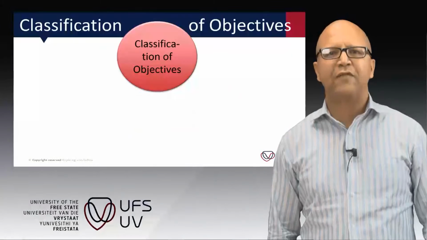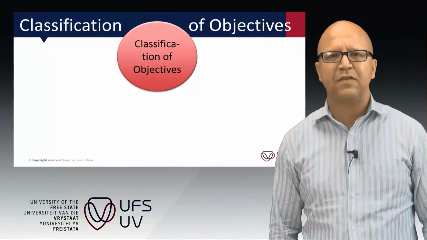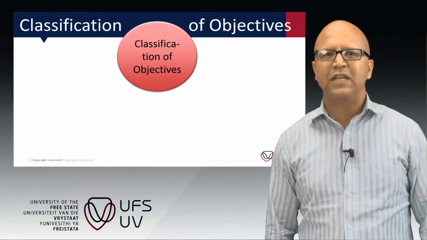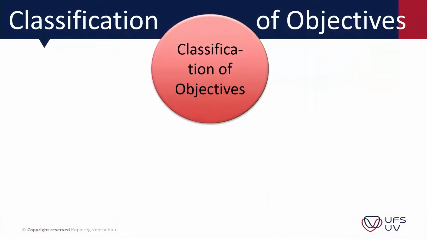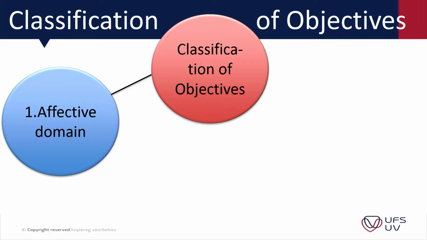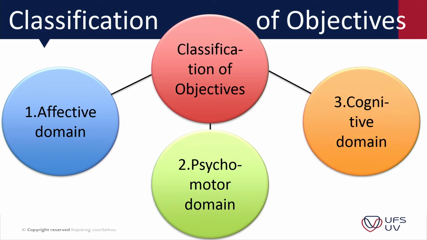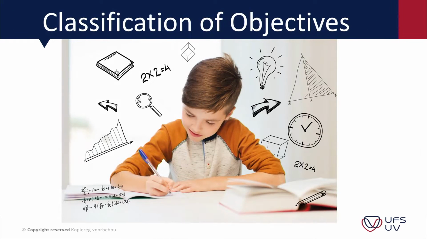Now that we have extensively looked at aims, let us outline classifications of objectives for teaching purposes under three main types, namely affective domain, psychomotor domain, cognitive domain. The objectives on one level make use of and build on behaviors found on the other levels.